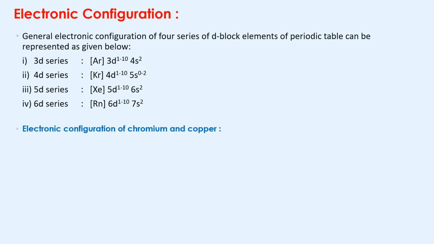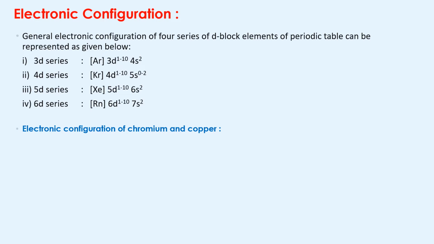Now we come across the concept of the electronic configuration of chromium and copper. If you observe your 3d series, starting from scandium: scandium atomic number is 21, titanium 22, vanadium 23, chromium 24, manganese 25, iron 26, cobalt 27, nickel 28, copper 29 and zinc 30.